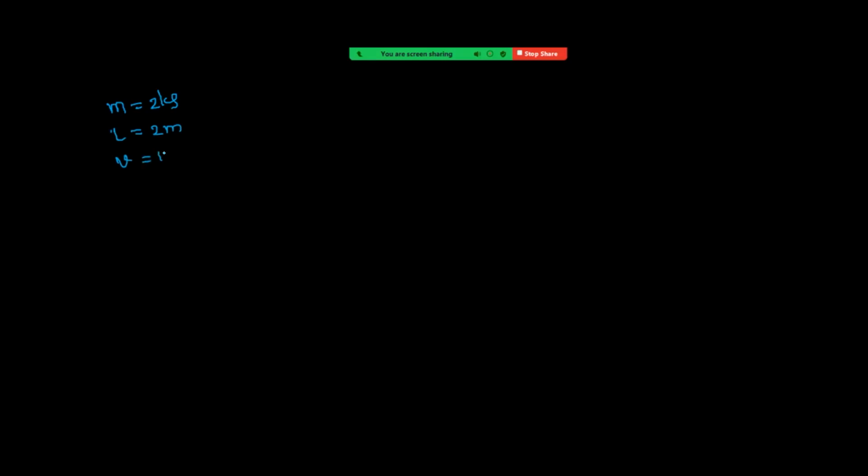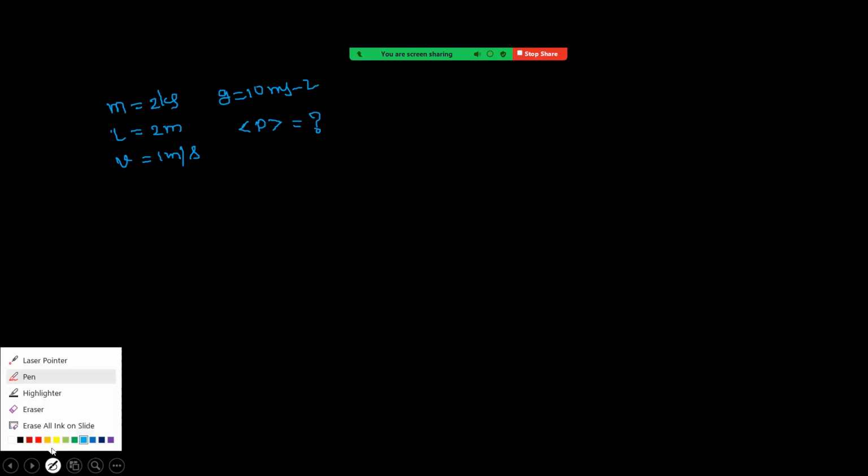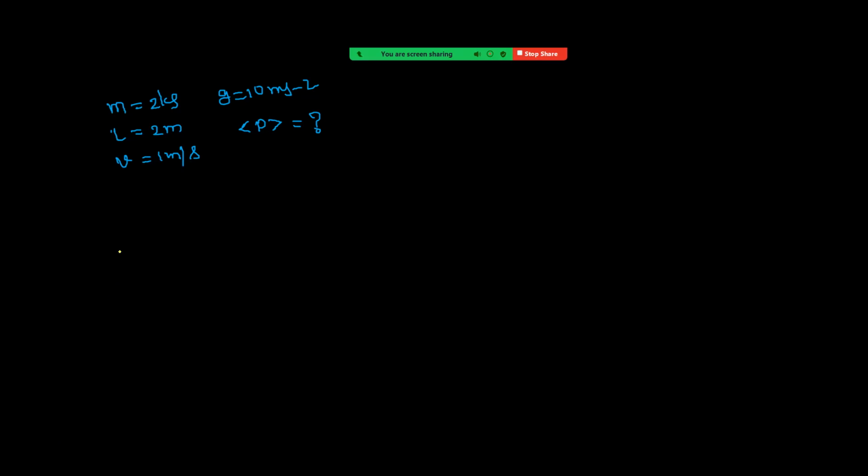Velocity given 1 meter per second and g value 10. So we have to calculate what is the average power delivered by the time the rope becomes vertical, right? Then see how we calculate.